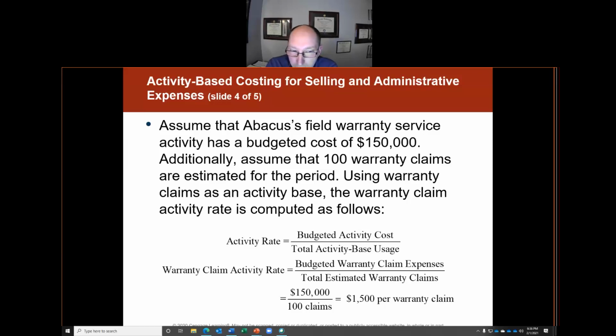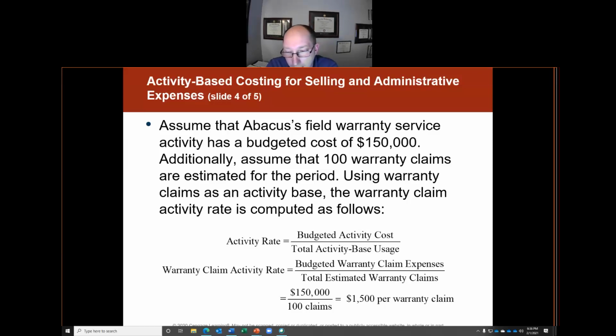So what's the activity rate? We take the budgeted activity cost, in this case warranty claims, 150,000, divided by the total activity-based usage. That's the number of claims we expect will be used. In this case, 100. So 150,000 divided by 100 is $1,500 per warranty claim.